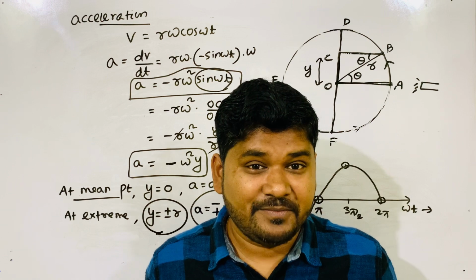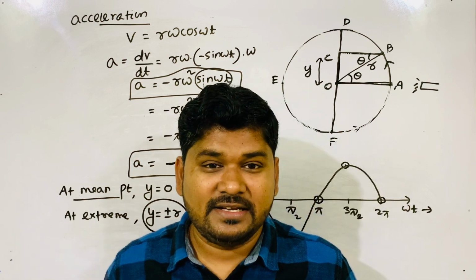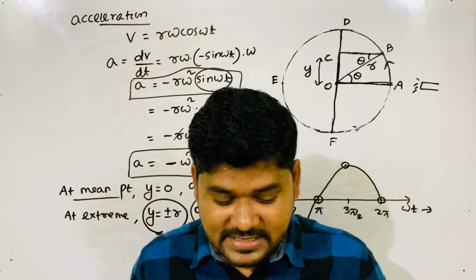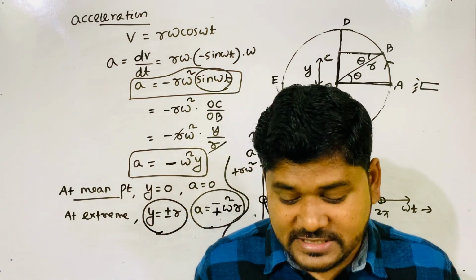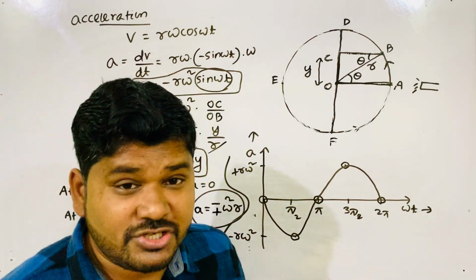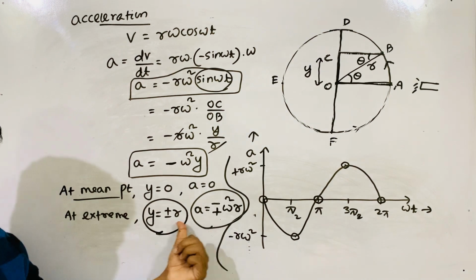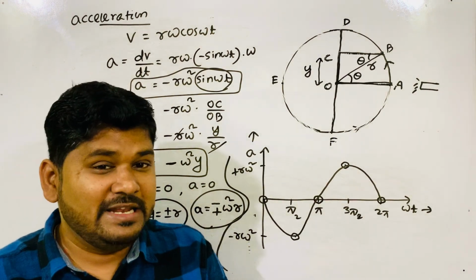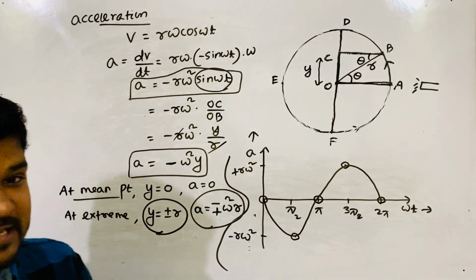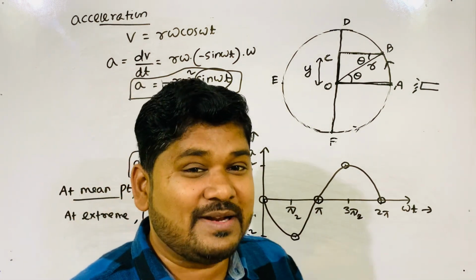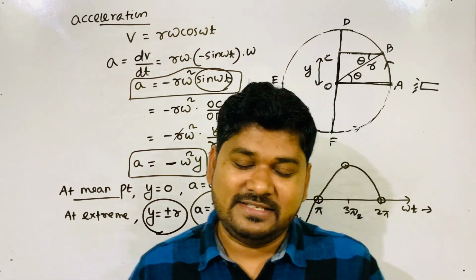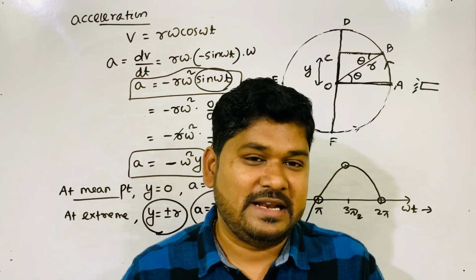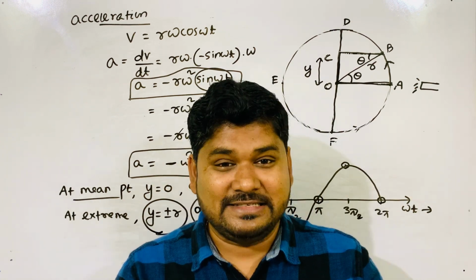So acceleration comes and acceleration is maximum. So acceleration is maximum at which position? At extreme position. And acceleration is 0 at mean position. Means acceleration also varies harmonically. Acceleration is also not constant; that also varies harmonically.